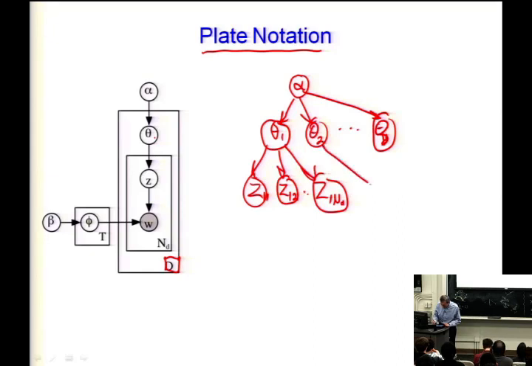And similarly for these guys, they generate their own Z 2,1, Z 2,2, etc. And then the Z's generate W's, one for each.